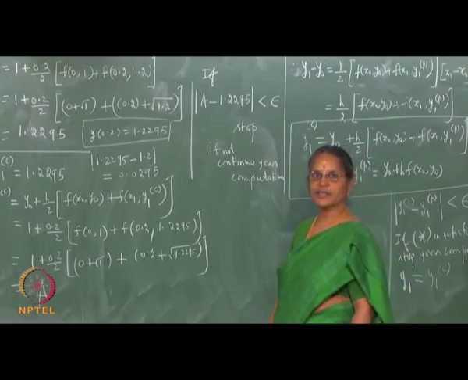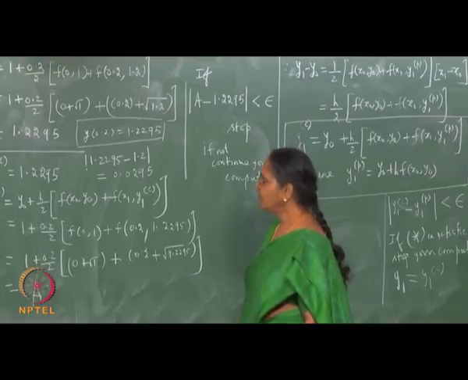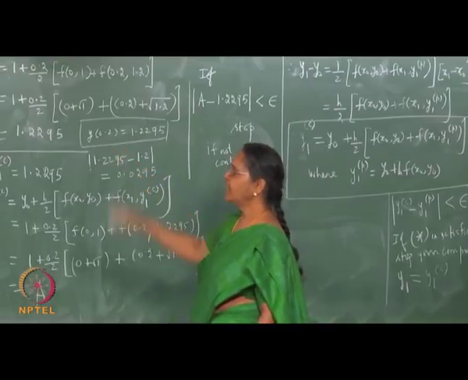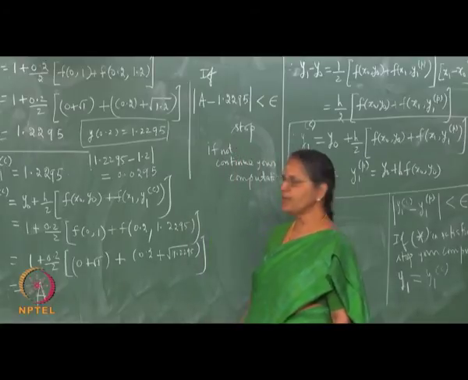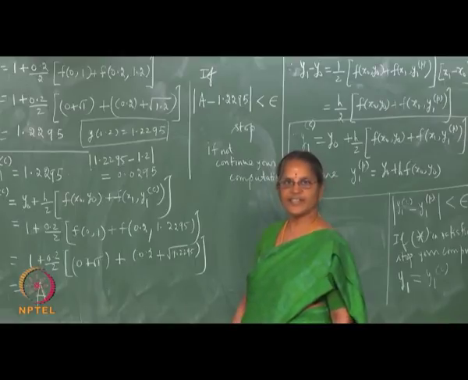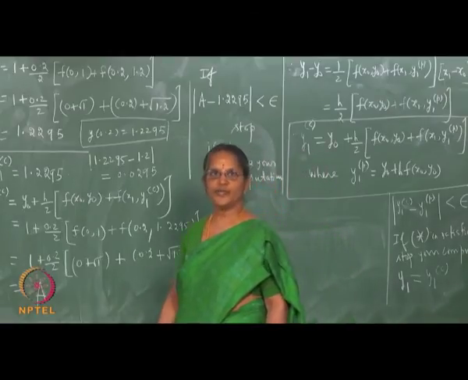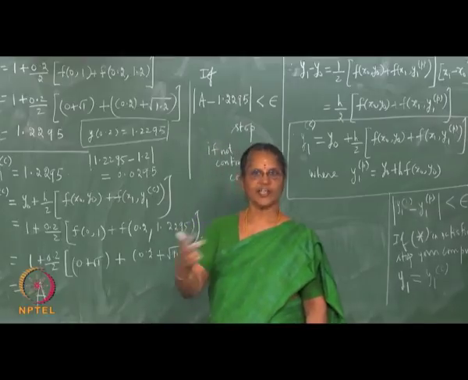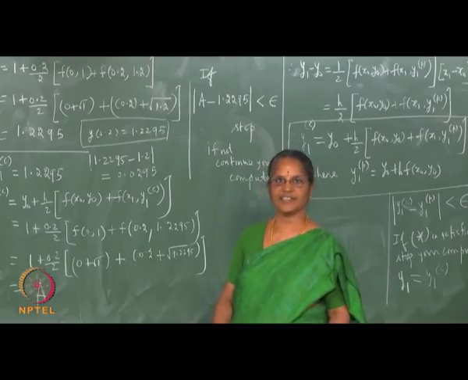I am sure you have understood the way in which the modified Euler's method has to be applied to an initial value problem, and the solution can be obtained correct to the desired degree of accuracy. We will continue with the discussion of predictor corrector methods in the next class.